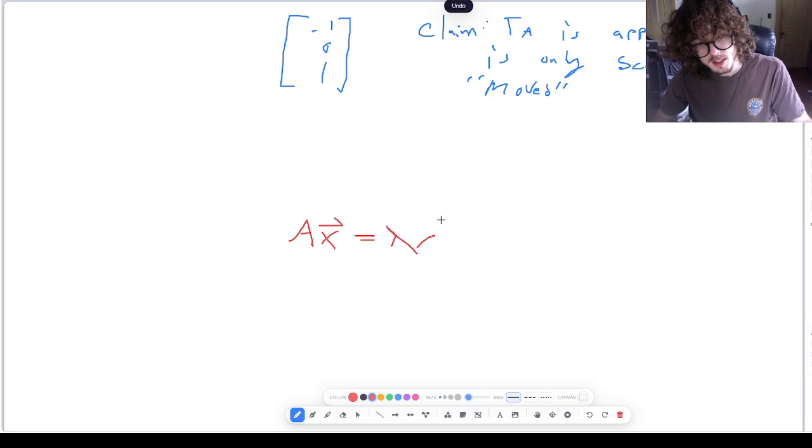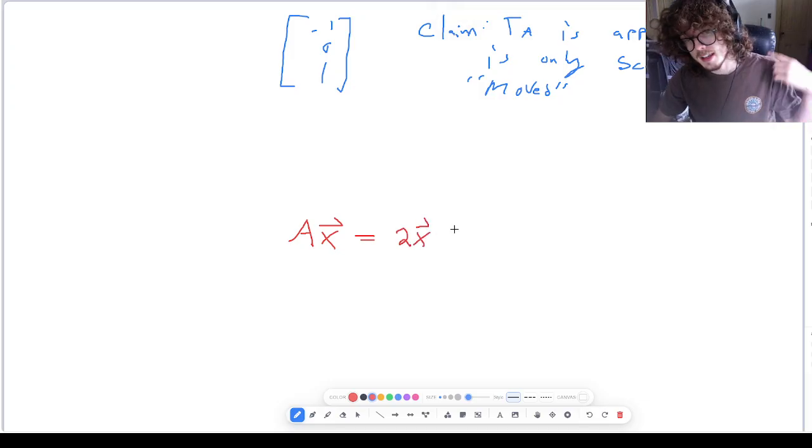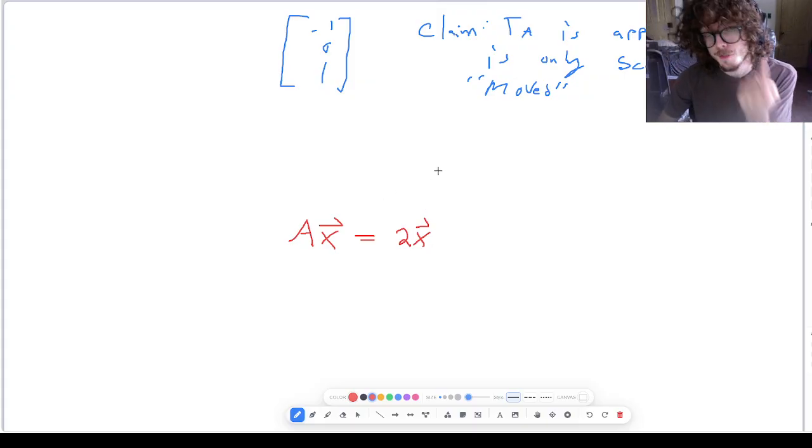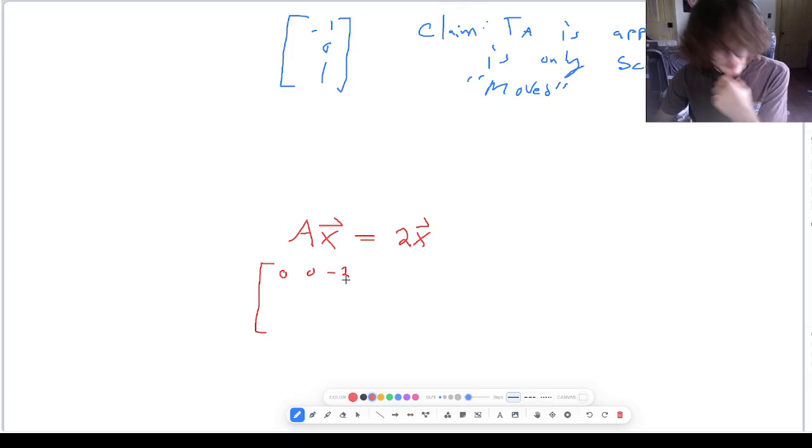And in this case, we should find that it's 2 of x, because eigenvalues tell you how much you're scaling. So we should find that when we multiply A times x, it's only 2 of x. And in fact, I'm going to tell you now, that's what we're going to find. But let's show it, for the wow factor.